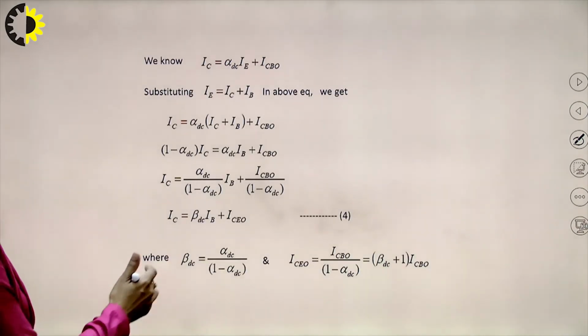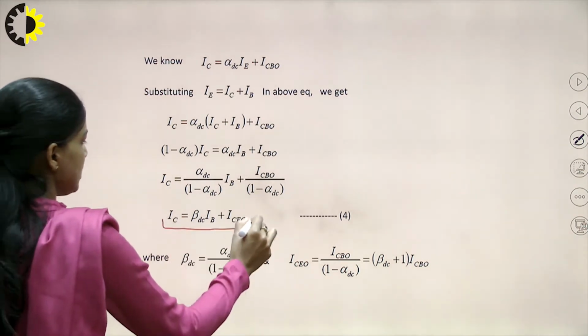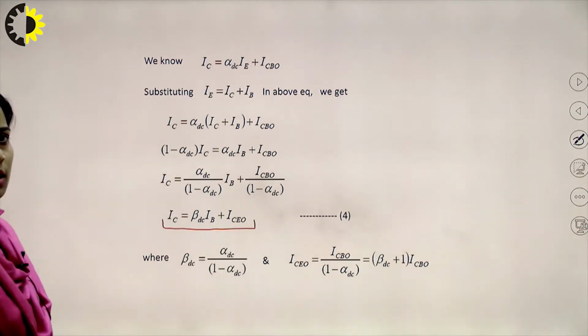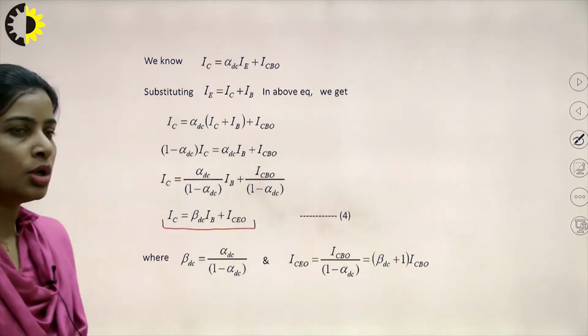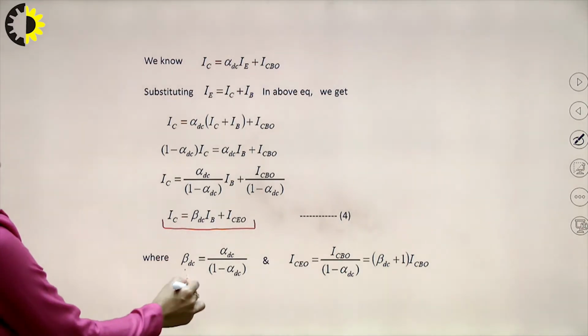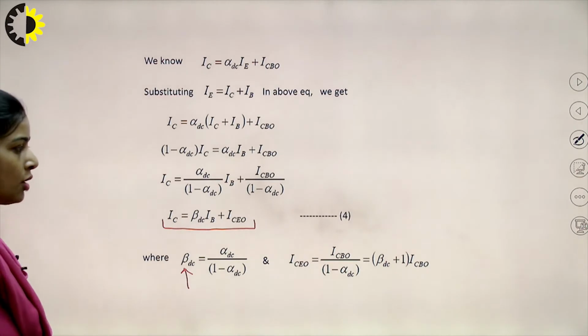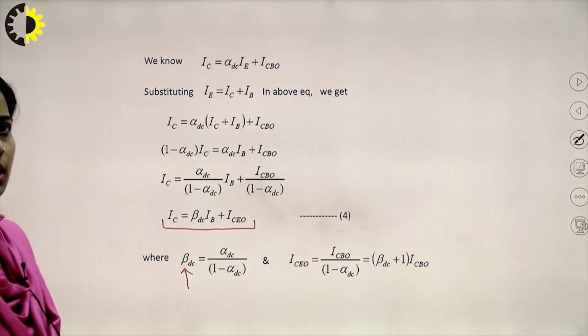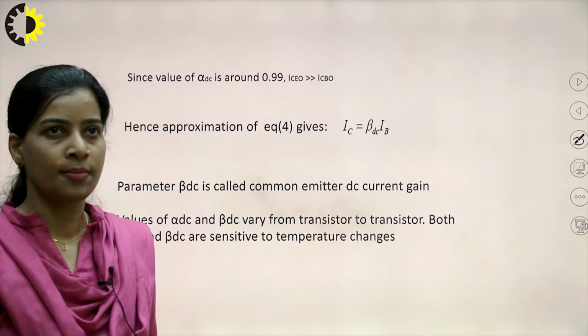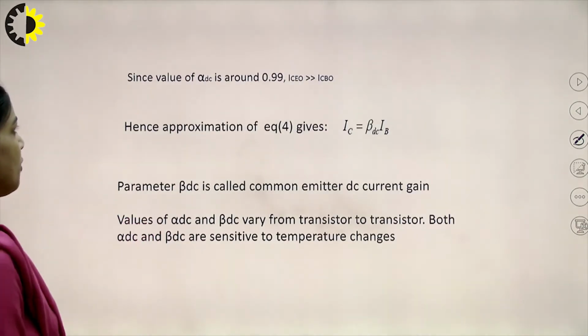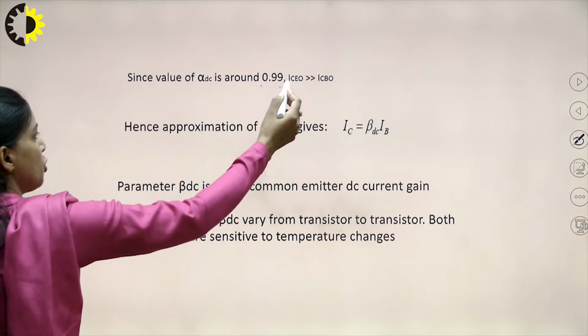So, we have this relation IC is equal to beta IC into IB plus ICEO. So, beta, as I told you, is for common base configuration. Similarly, we have gamma for the common collector configurations. The value of alpha is around 0.99.